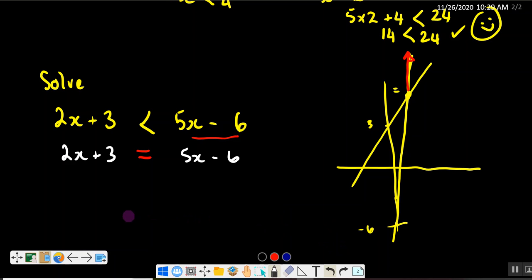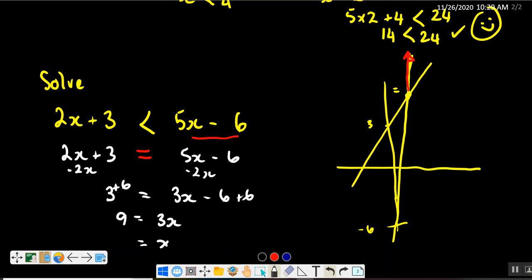Subtract 2x. If I subtract 2x from both sides, I get 3 equals 3x minus 6. Then add 6, which gives me 9 equals 3x. I was not expecting it to be this nice a number.